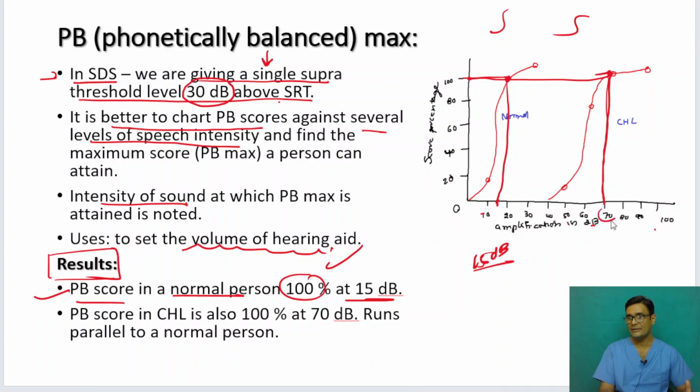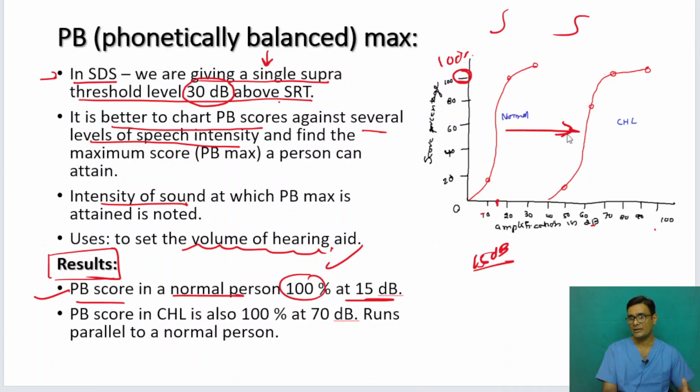So here also the curve is S-shaped, and it is parallel to a normal person's, but you get it at a later intensity. Instead of getting it at 15, you may get it at 30 or 70, and in this particular case we are getting it at 70 decibels. So the PB score in conductive hearing loss is also 100%, at 70 decibels, and it runs parallel to a normal person's.